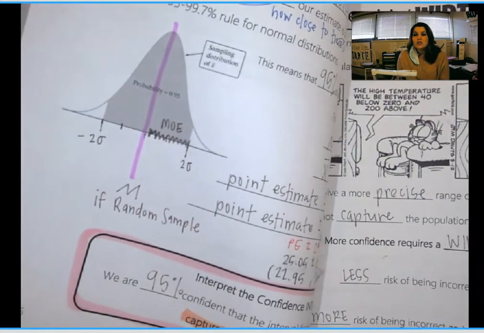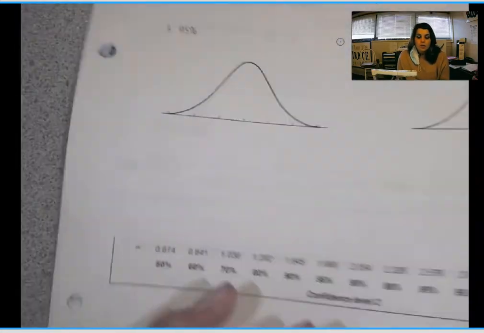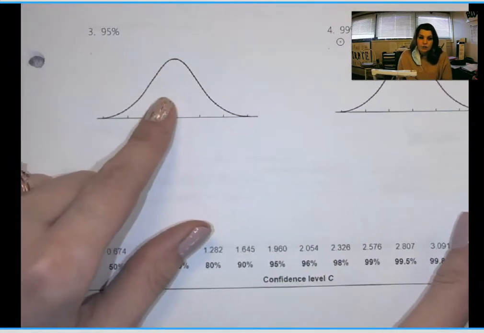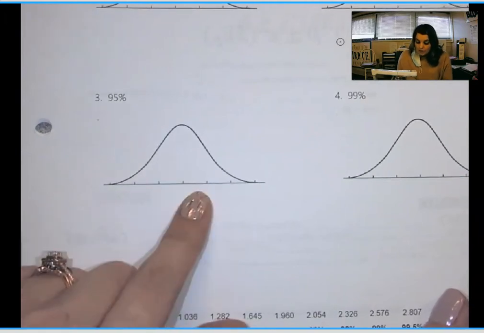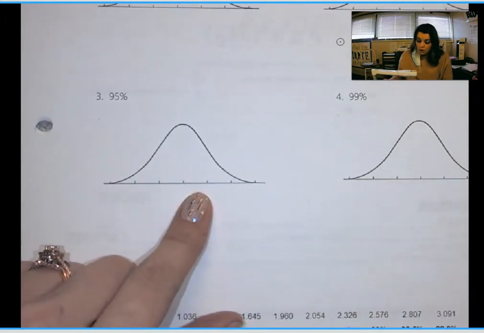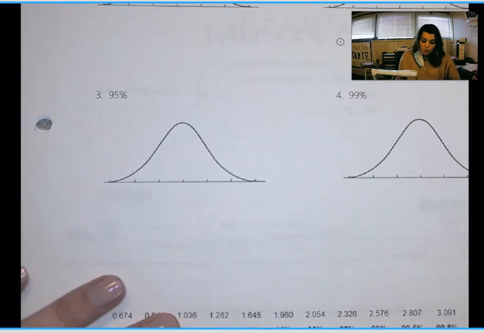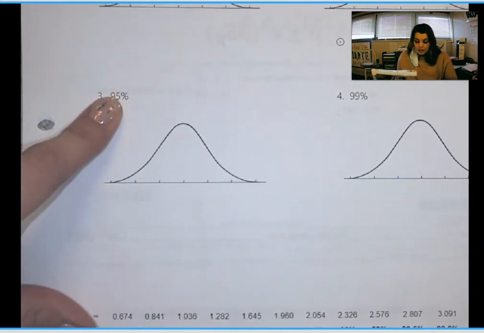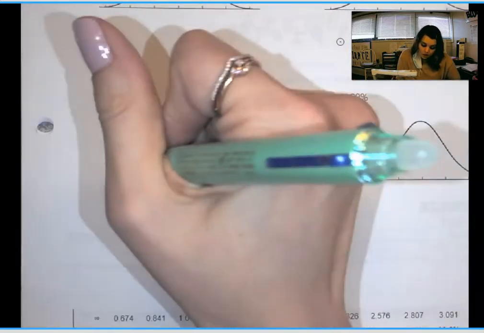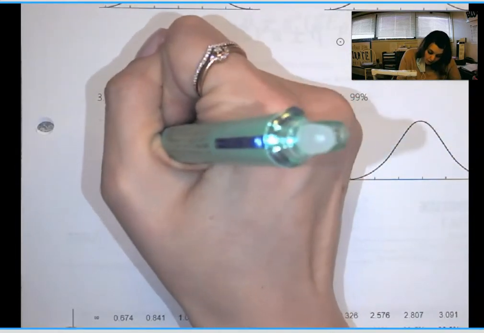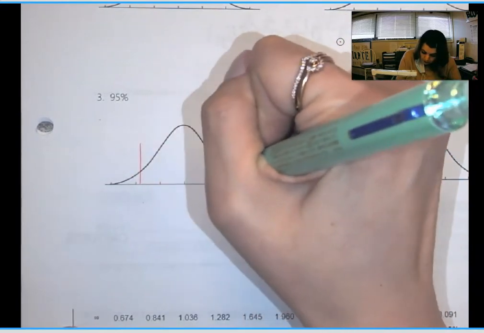But what is the true critical value? To find the true critical value, you have to use your z table. So you are going to look for the z-score that matches 95% of the data being around the mean. We know that it's going to be around 2.